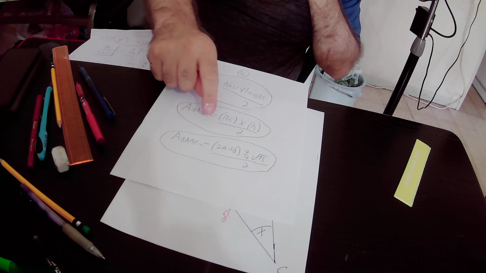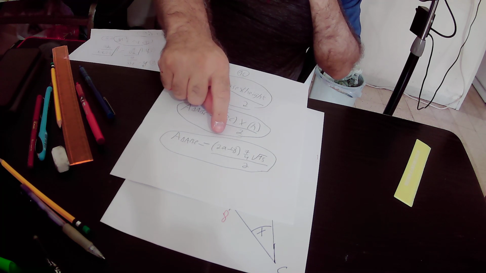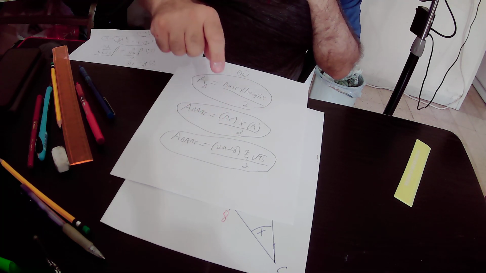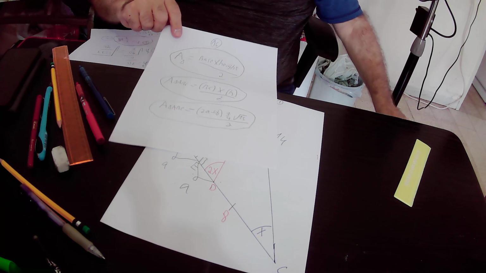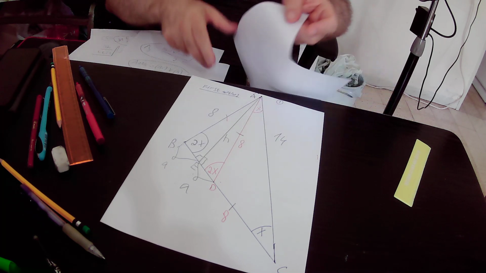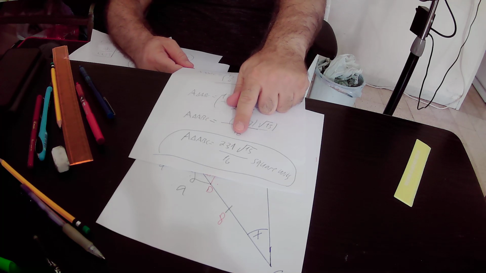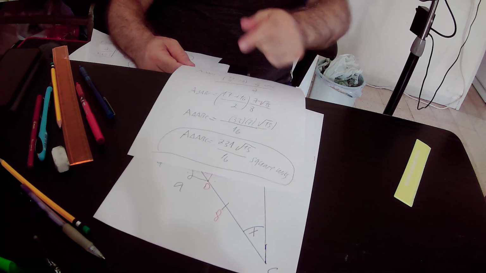Then we substituted a by 17 over 4 units, and we found out that the area of triangle ABC equals 231 times root 15 over 16 square units.